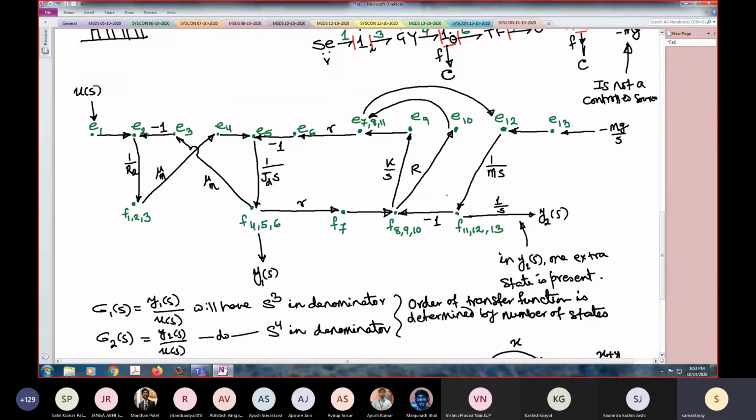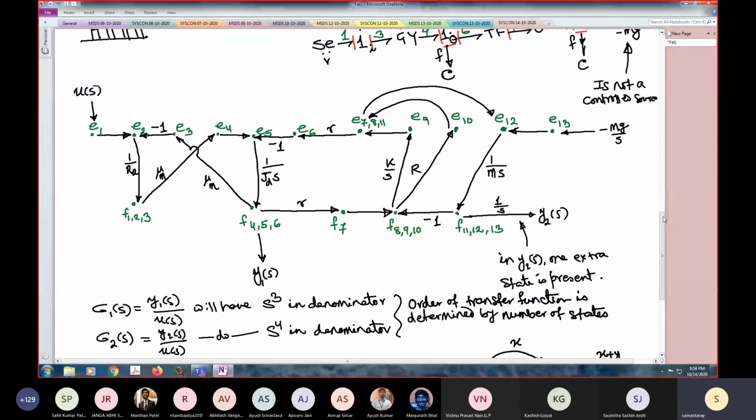So we will just reassign this. If you see there is a twist here, there is a crossing here, I will try to avoid that crossing and redraw this picture. So I get direct connection from E1 to E4. So I have connection from E1 to E4. My gain is mu m by RA.